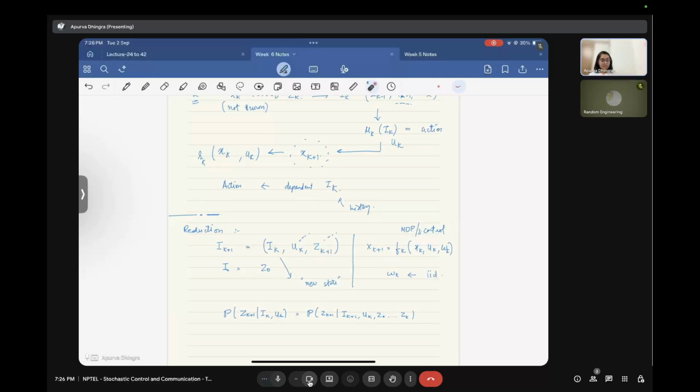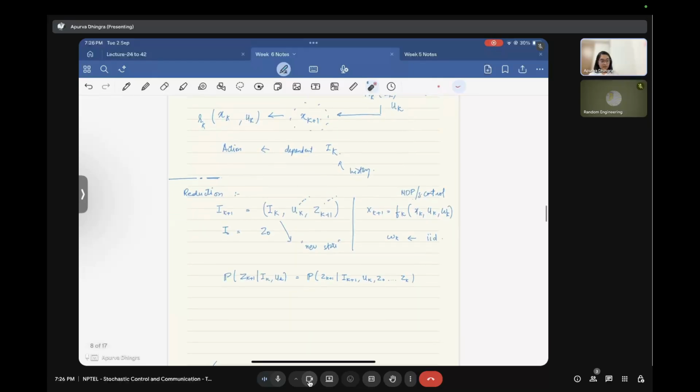The next claim is that even though there is a Markov type behavior between zk plus 1 and the previous observations, given ik and uk are known, the DP algorithm still holds in this setup.